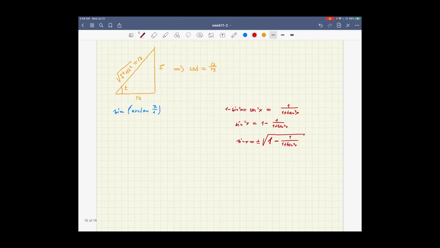What about the sine in this case? Because we can write that this now is plus minus square root 1 minus 1 over 1 plus tangent squared of arctangent 7 over 4.